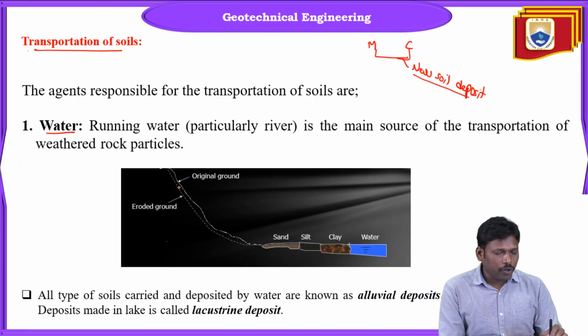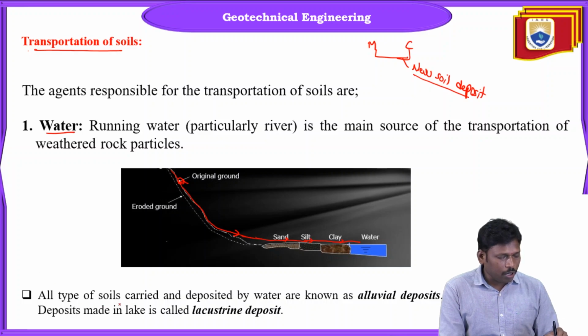From the origin, due to this water, suppose the water flows like this, the running water is responsible for fragmenting the rock into small pieces and forming new soil. Depending upon the water flow intensity, when the flow reduces, finally clay, silt, and sand will form.